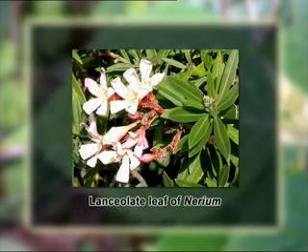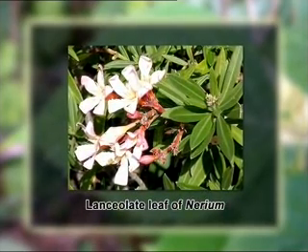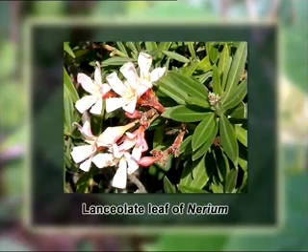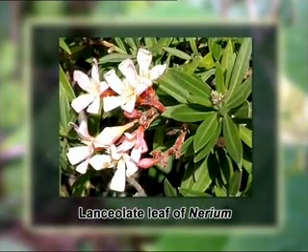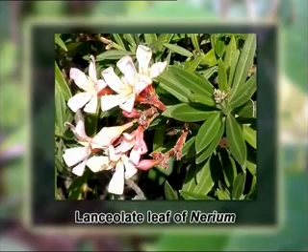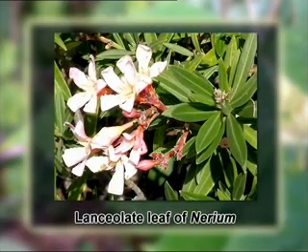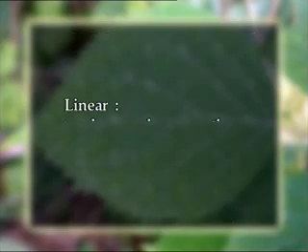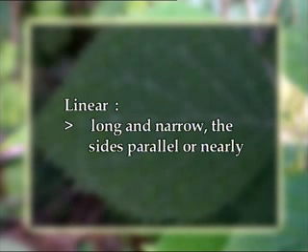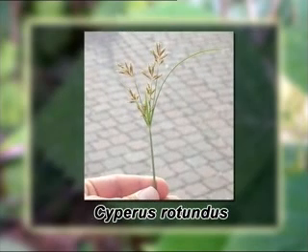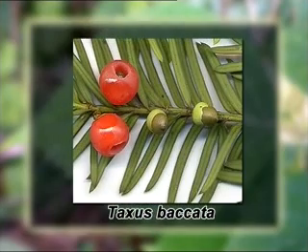Then lanceolate, that's lance-shaped, much longer than broad, widening above the base and tapering to the apex. For example, Nerium. Then linear, long and narrow, the sides parallel or nearly so, as in blades of most grasses. For example, Cyperus rotundus or Taxus baccata, etc.